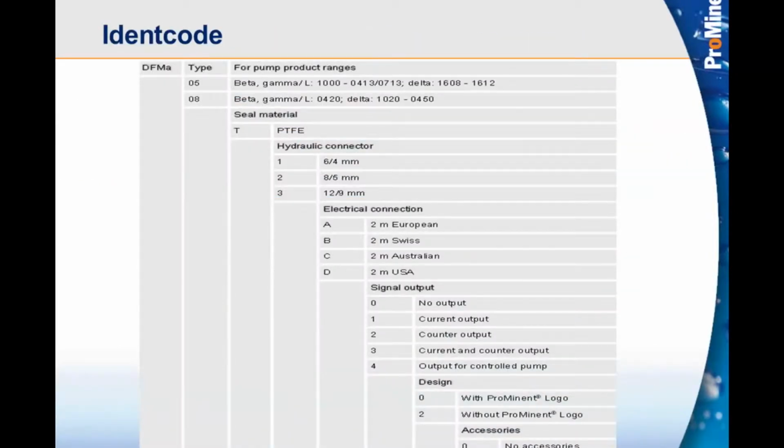The ident code, some of the things we have to be careful of choosing. Of course, the second selection there is the 05 or the 08, but we consider DFMA being our first selection. That's going to go with what pump we choose. So we have to be very careful and choose the right one. Still, picking that particular model doesn't mean we have the full range of operation. We have to watch where we're setting the stroke length, so we have enough flow going through the device.